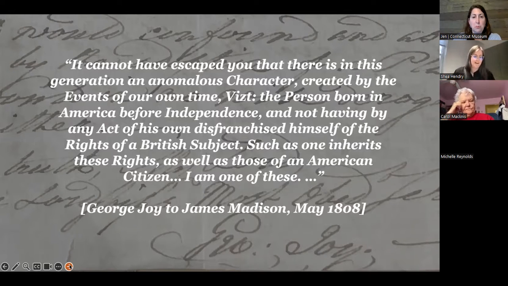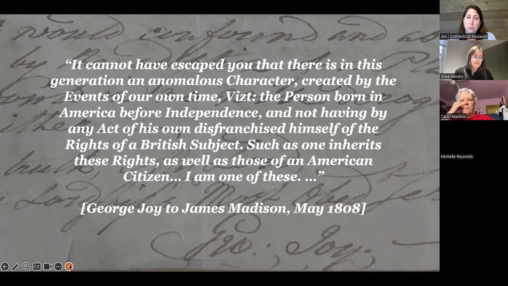So this ambiguity enabled certain well-placed individuals throughout the period to self-define allegiance and nationality in a way that, in retrospect, helps us to better understand the parameters of this Anglo-American relationship. I have this quote on the screen from a man named George Joy, who we won't talk about much today, but who has a very similar career to George Irving.